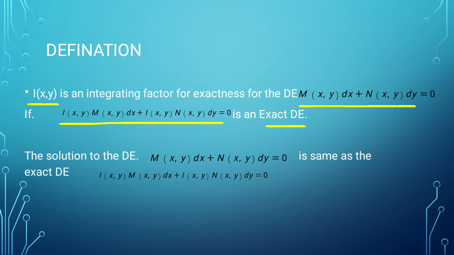If you multiply by the integrating factor, you find that it becomes an exact differential equation. So the solution of this differential equation is the same as the exact DE it was transformed to. If you solve that differential equation, you'll find that the solution is the same.